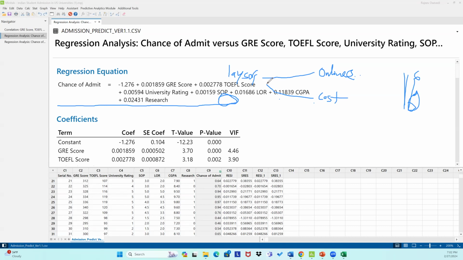Therefore, we look into the relationship, and to check multicollinearity, we check the VIF factor.